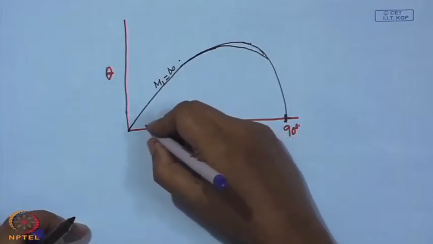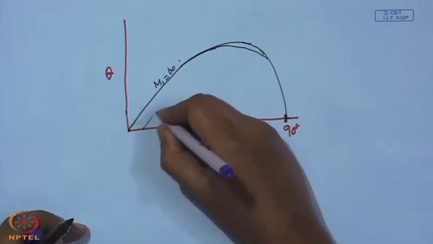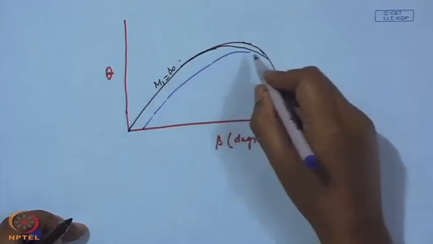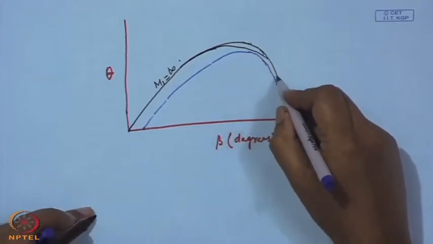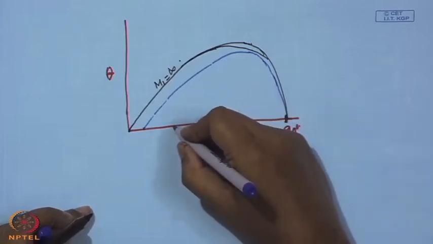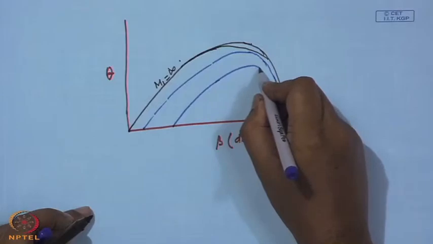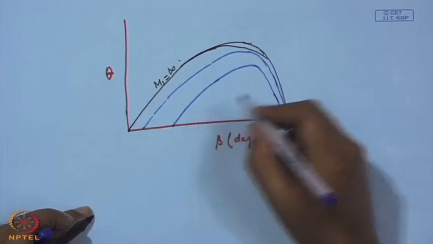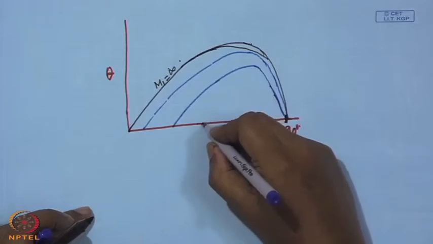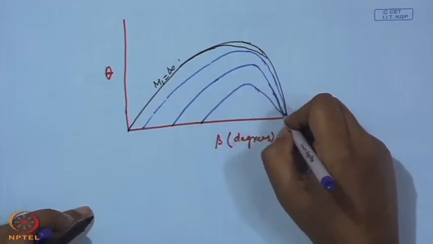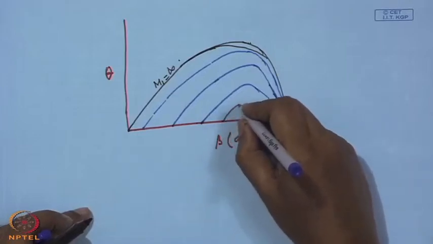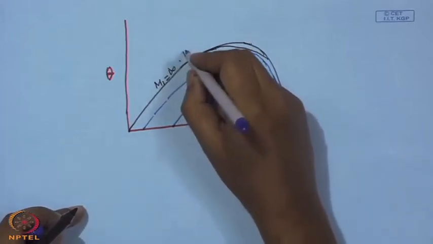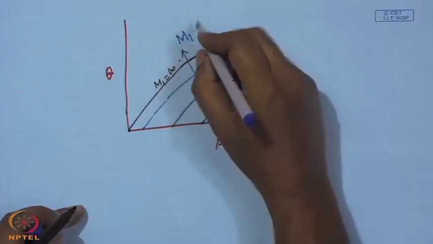For all other values there will be curves, and this is the increasing direction.